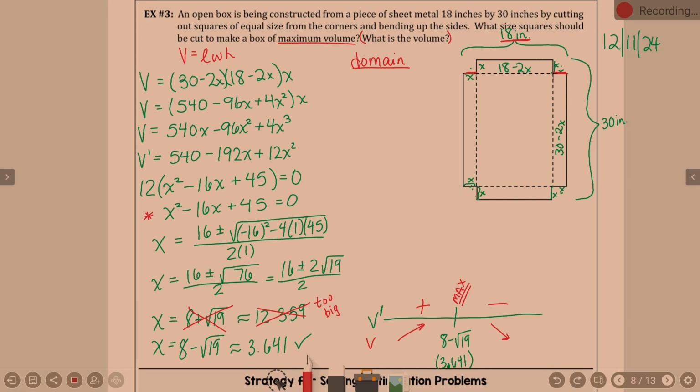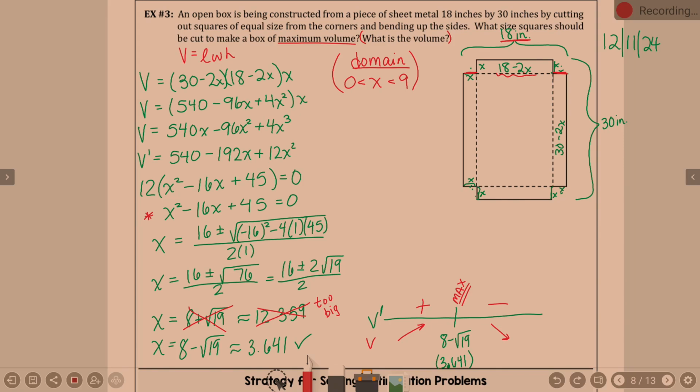So it has to be a number bigger than 0, and less than, well, that 12 was too big earlier. 18 minus 2 times 9 gets you 0, so this has to be a number between 0 and 9. You don't have to write down the domain, but I encourage you to think about what logically works.